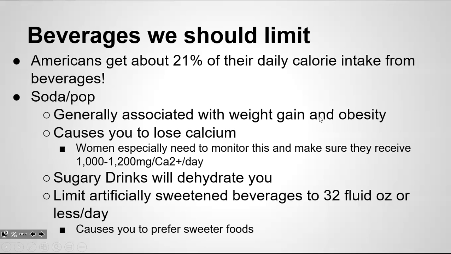Now, pop, generally associated with weight gain and obesity, unfortunately. We've talked about the difference between having full calorie drinks and diet drinks. Typically what happens when you have a diet drink is that your body thinks it's getting calories and it's not, so it gets upset at you because it prepares itself for calories.